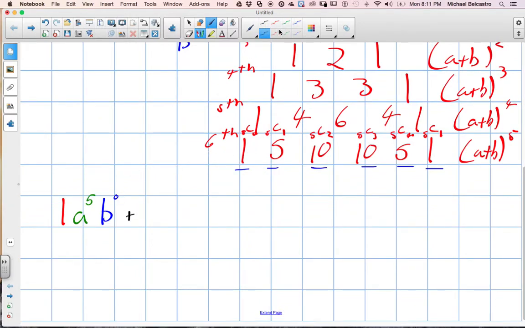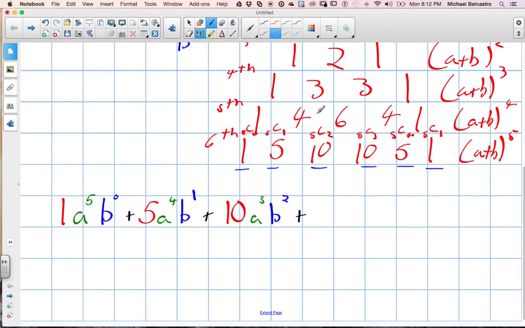Our next coefficient is 5. But since we're one over, this now becomes a to the 4, so we subtract 1 from a, but we increase the exponent on our b, so b to the 1. The next value is 10. Do you know what the a term will be? 3. Yeah, we go 5, 4, 3, and then the b term will be 2.